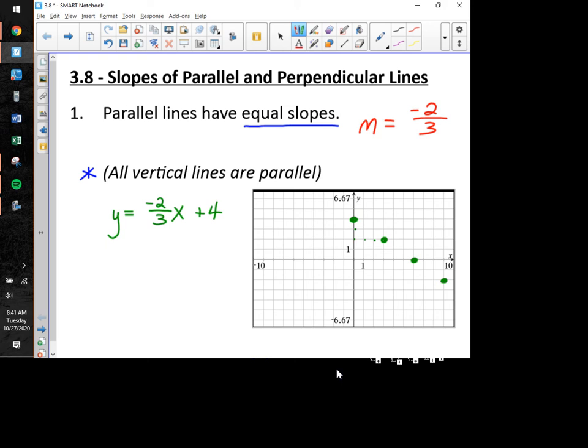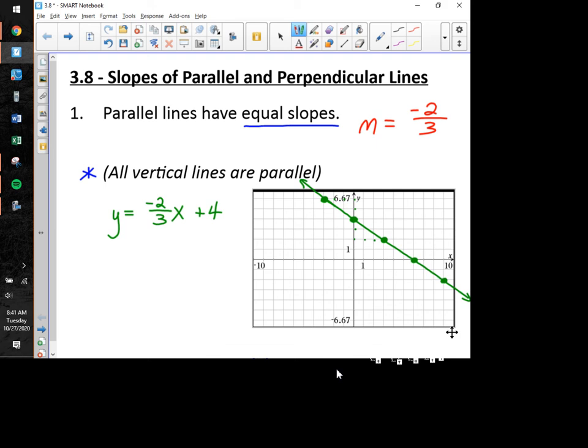It's never a bad idea to reverse that too. Think of it as +2 over -3. That would mean that I go up 2 and then left 3, which would get me yet another collinear point. Okay, so here is one line in green that I have drawn with a slope of -2/3, like we talked about a moment ago.